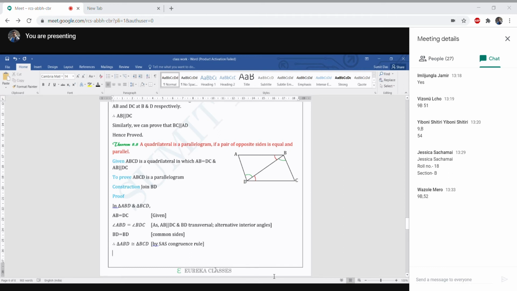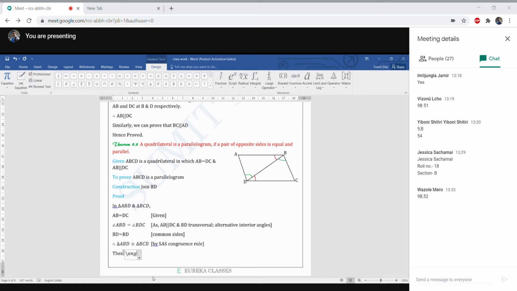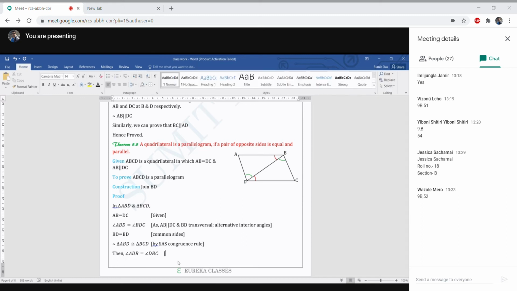Therefore, angle ADB equals angle DBC by CPCT.